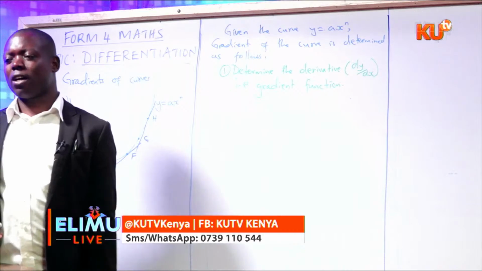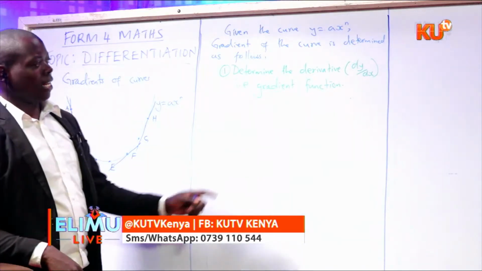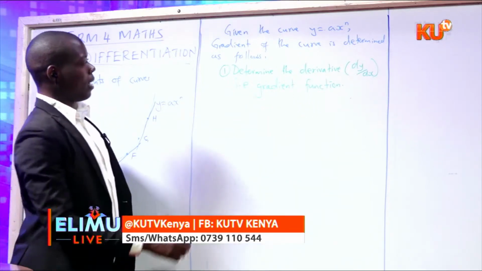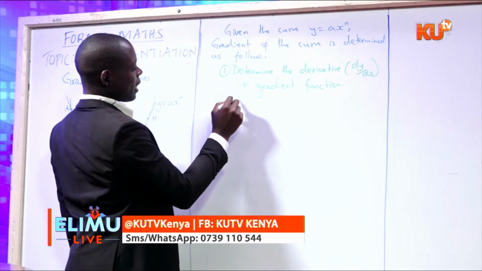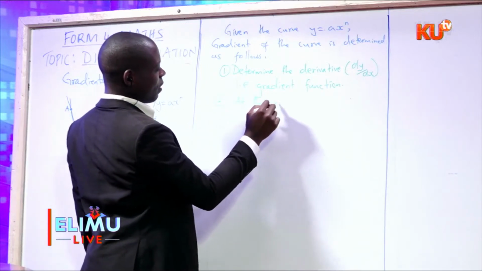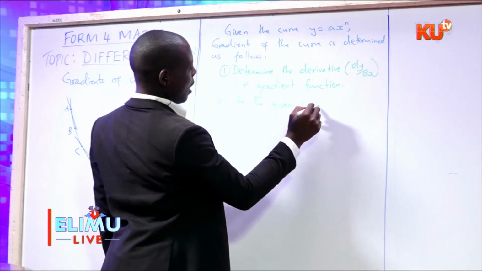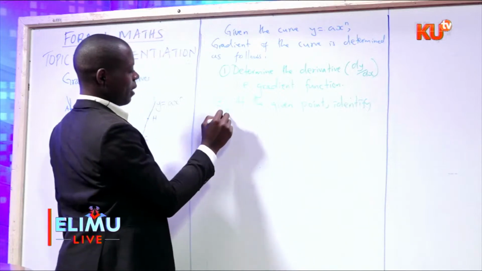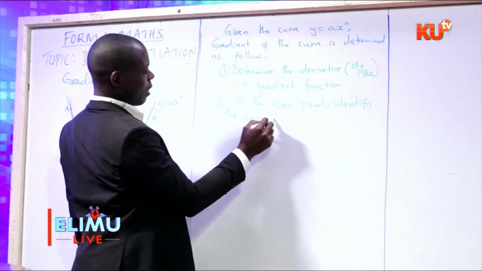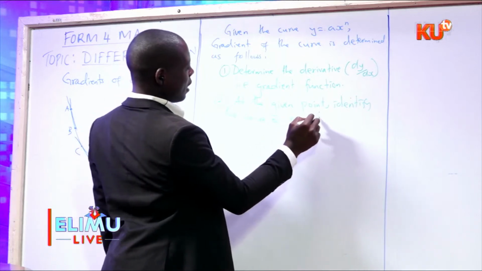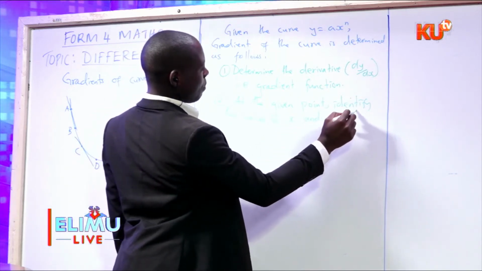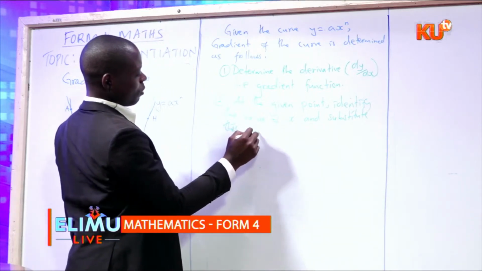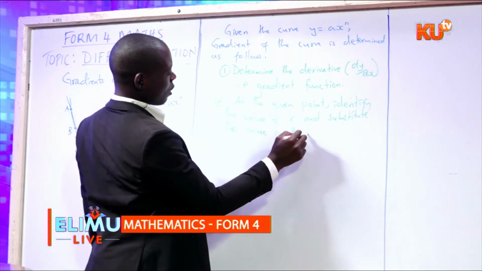What is the gradient function of the curve? The gradient function is determined by dy dx. Number two, at the given point, identify the value of x, and substitute this value in the gradient function.